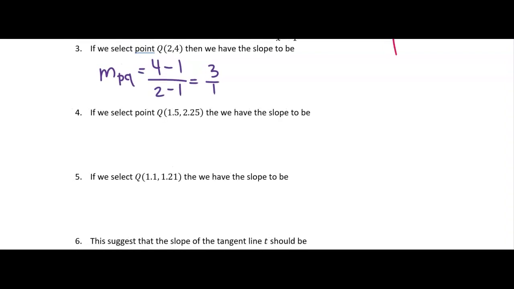Let's find the slope of PQ where now Q is (1.5, 2.25). So 2.25 minus 1 is 1.25, over 1.5 minus 1, which is 0.5, so it's like 1.25 times 2.